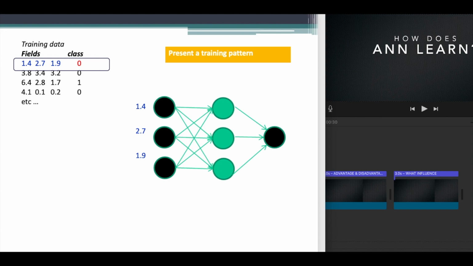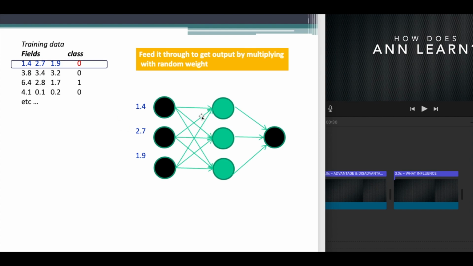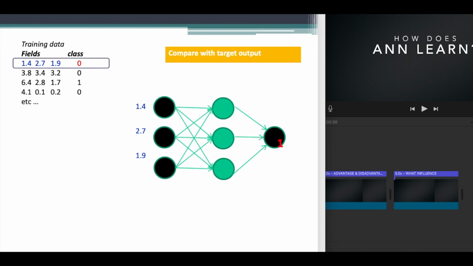Okay, and then go next. Kemudian feed through to get output by multiplying the random weight. Kita ada kat sini, dia akan ada weight and then dia akan multiply. Okay, 1.4, 2.7 and 1.9 dia ada multiply with the weight and then compare with the target output. Okay, for example, this one dia dapat 1.